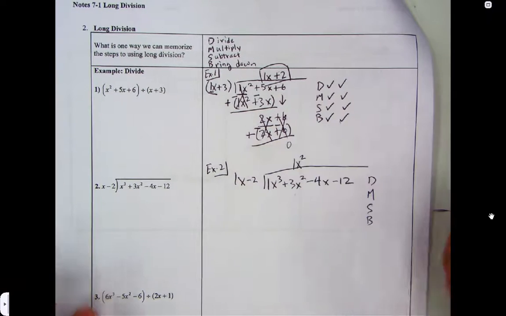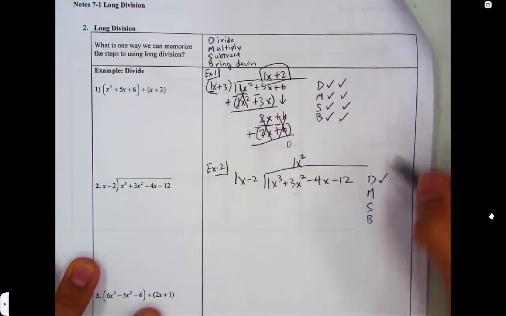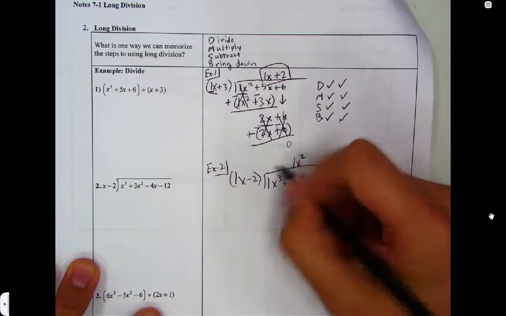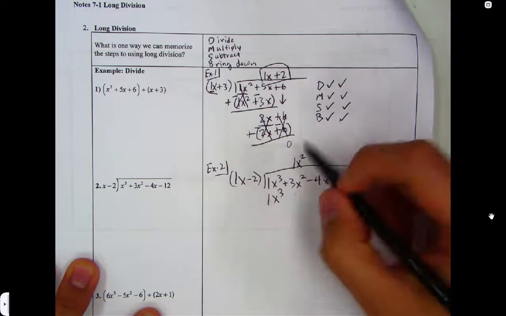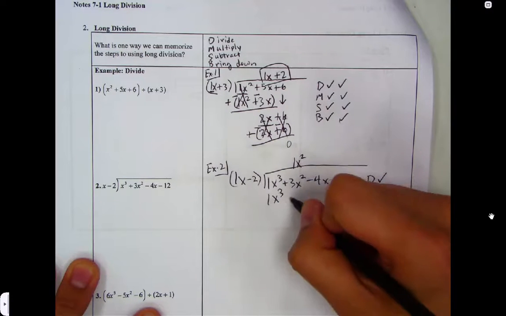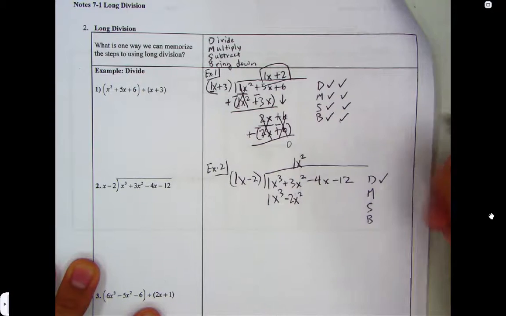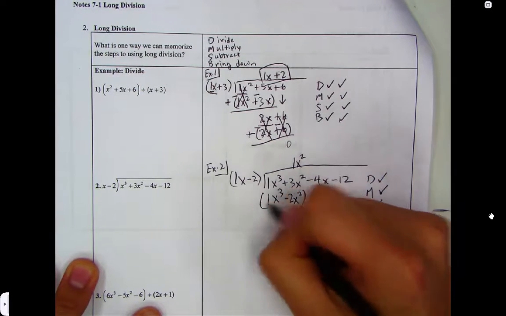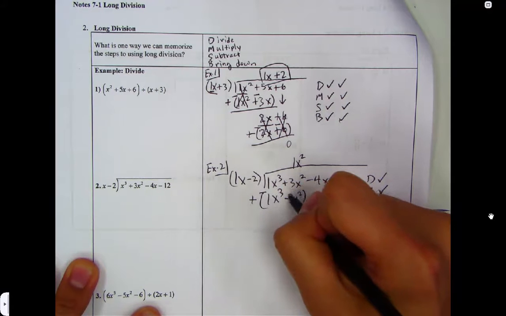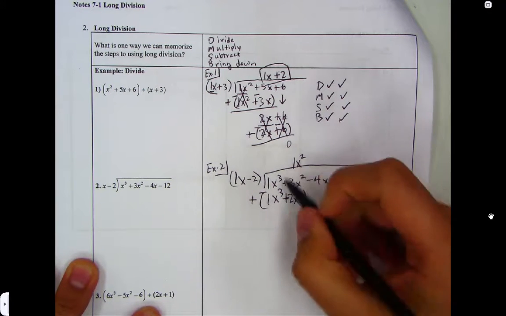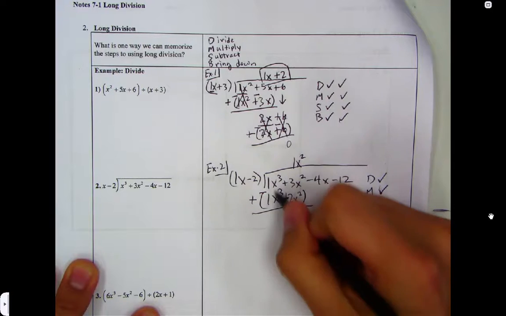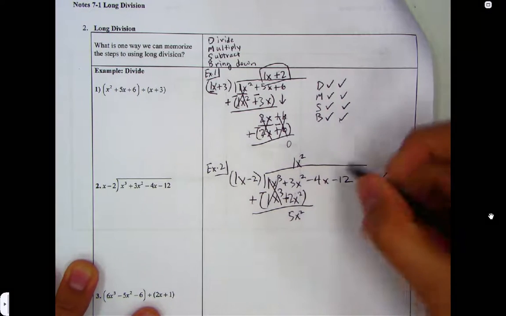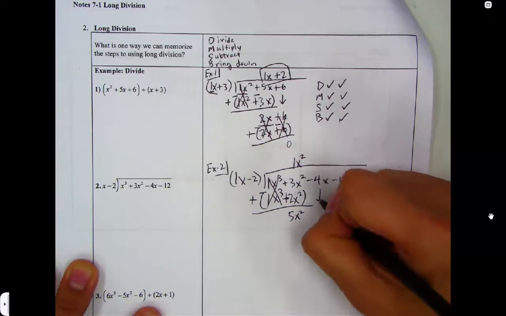So 1x squared. Then I'm going to multiply. 1x squared times 1x is 1x cubed. 1x squared times negative 2 is negative 2x squared. So I'm done with multiplying. I'm going to subtract, adding the opposite. These cross out. 3x squared plus 2x squared is 5x squared. I'm going to bring down the negative 4x.